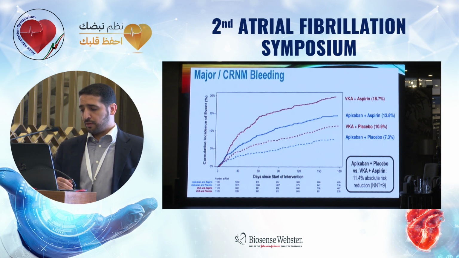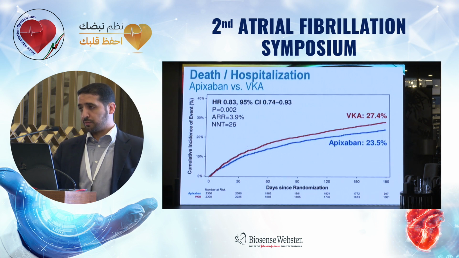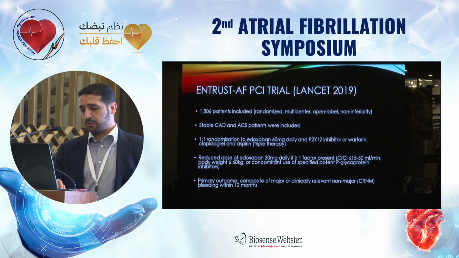They found about an 11.5 absolute risk reduction with a number needed to treat of 9, comparing patients who received vitamin K antagonist and aspirin to placebo and apixaban, with no major differences in thrombosis. With regards to death and hospitalization, there was also a reduction with the apixaban group.